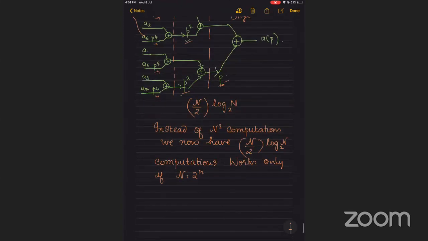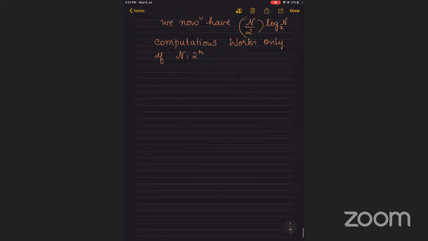So how do we cater to this? In the natural order, I have 0, 0, 0, 0, 0, 1, 0, 1, 0, 0, 1, 1, 1, 0, 0, 1, 0, 1, 1, 1, 0, 1, 1, 1 in binary. This is what I have in binary.